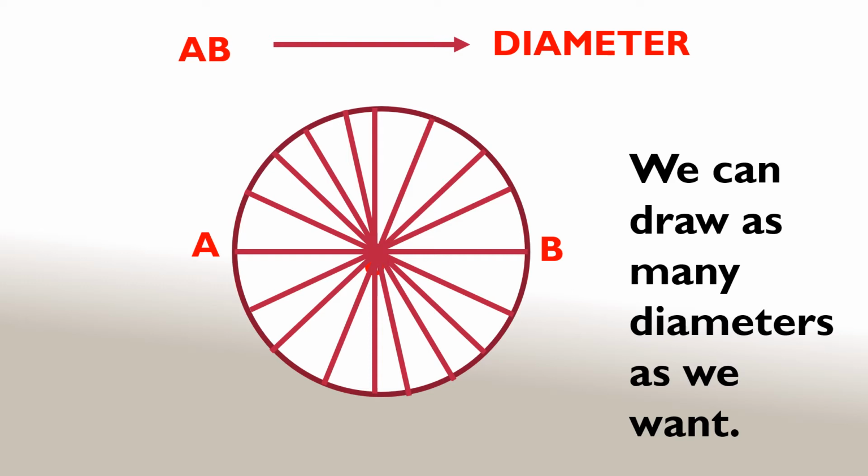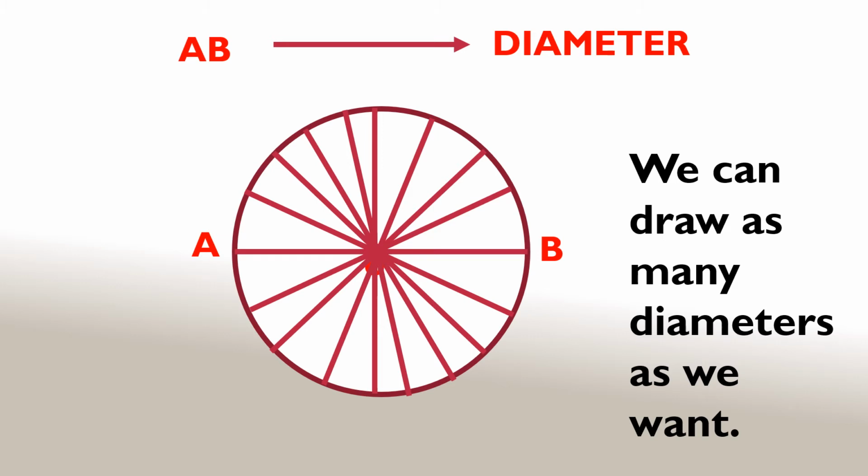That means if you see properly, OA is one radius and OB is another radius, and AOB means O is the center of the circle and A and B are the points opposite to one another on the circle.